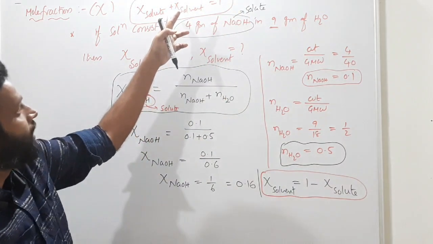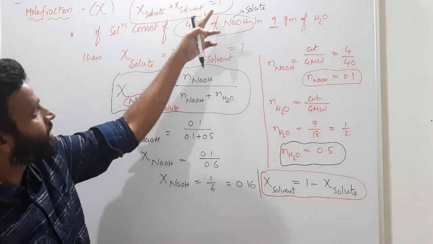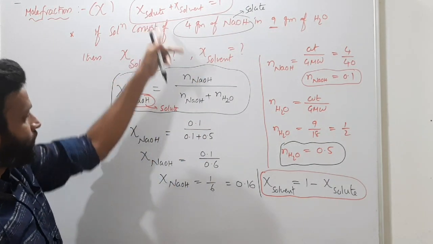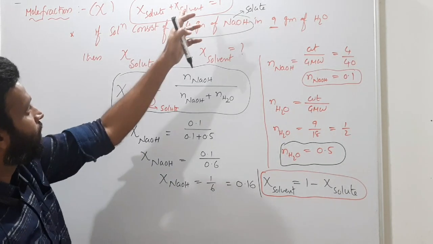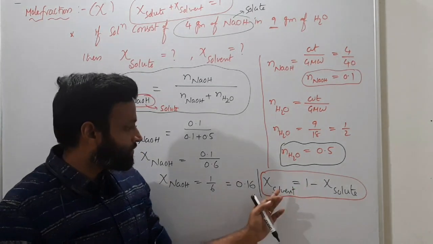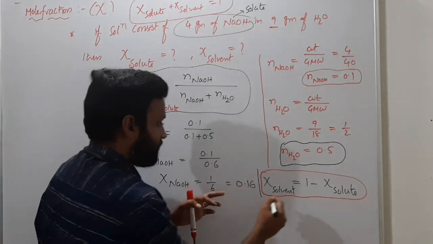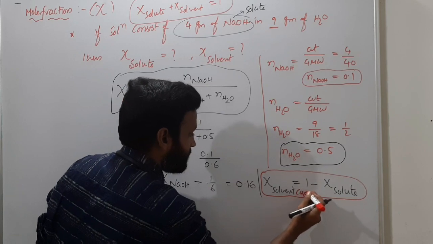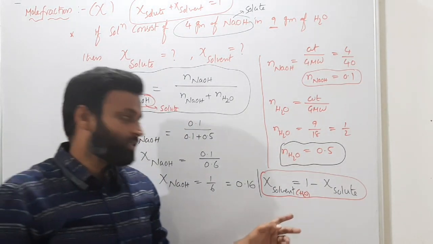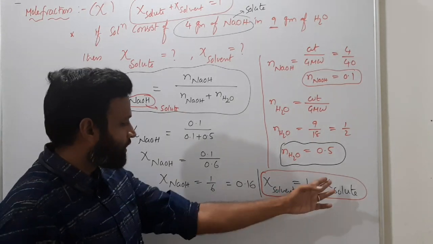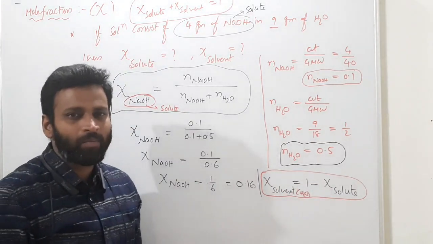Do you know this relation? So the mole fraction of solute is 0.16, and the mole fraction of solvent, which is water here, is 1 minus 0.16, otherwise 1 minus 1 by 6. Not a problem.